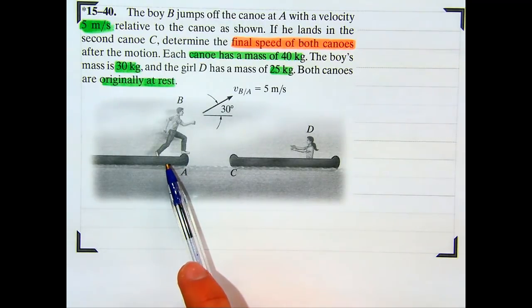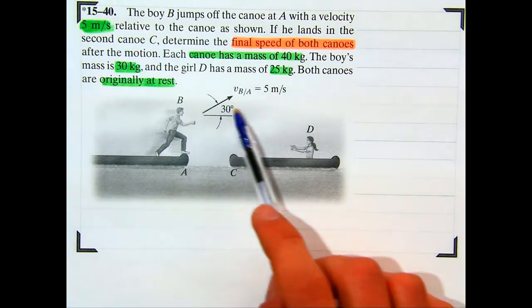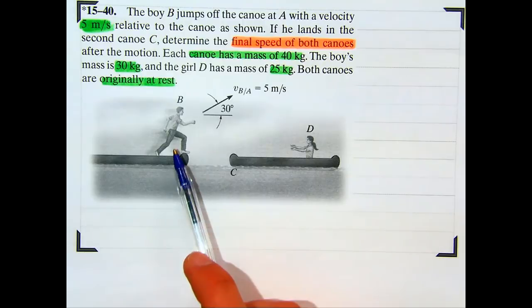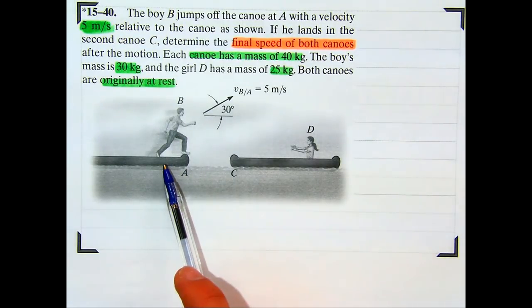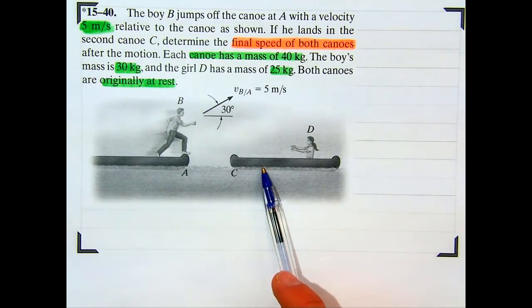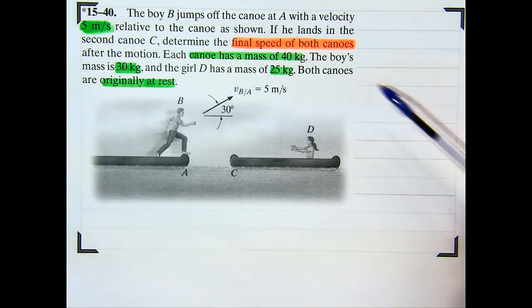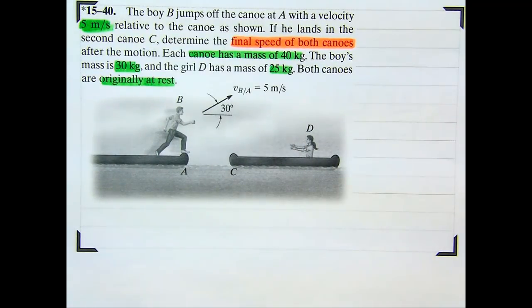And now the boy over here jumps from canoe A over to canoe C and lands on canoe C. So as he pushes himself off, he will get a velocity to the right, while he actually pushes canoe A to the left. And then as he lands, canoe C will move to the right. And we must now find the final speeds of both canoes once he has landed in canoe C.